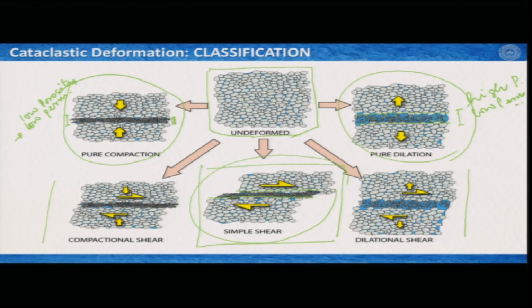Within the 3 end members you can have localized cataclastic deformation, and based on the way the rocks are deforming, whether it is compaction, dilation or simple shear, the porosity and permeability of the rock would vary accordingly.